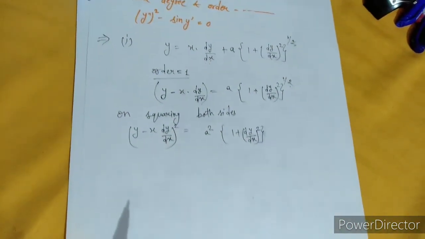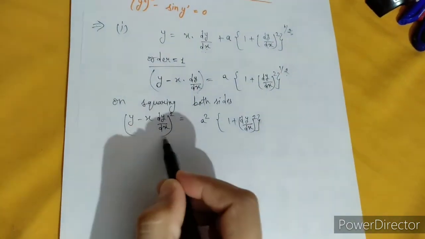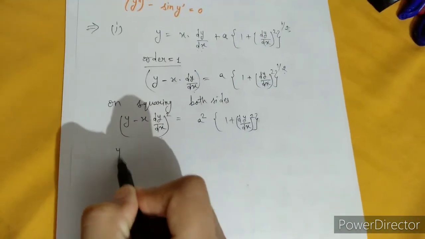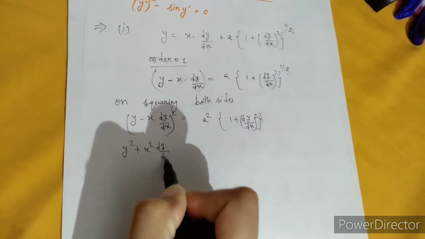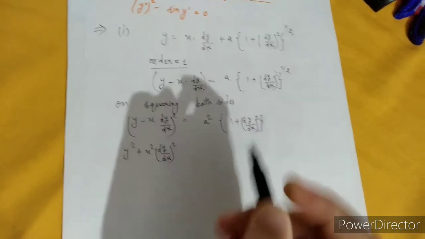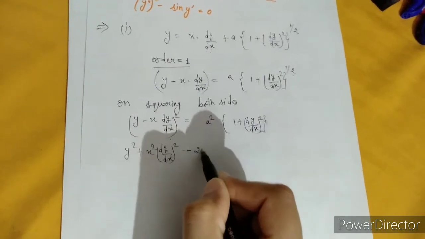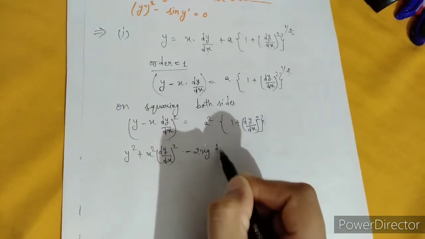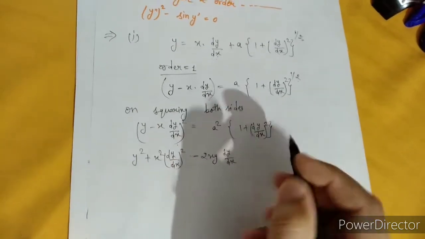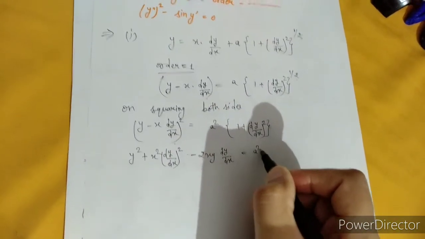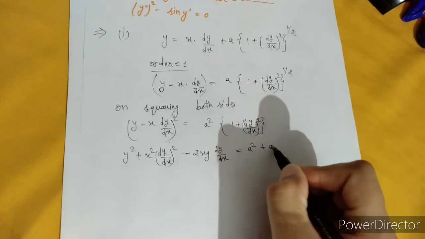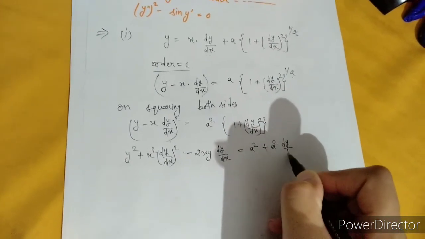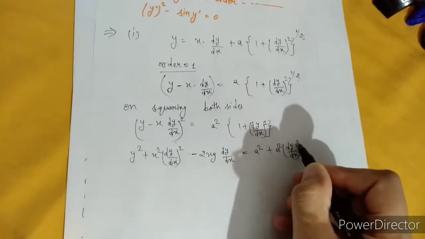Next we solve this square: y² + x²(dy/dx)² - 2xy dy/dx = a² + a²(dy/dx)², just opening this bracket.